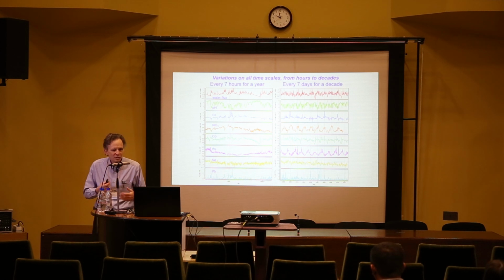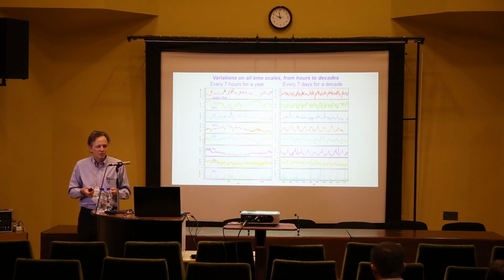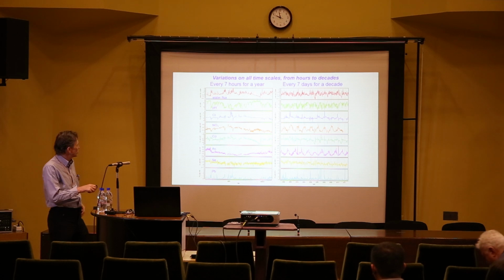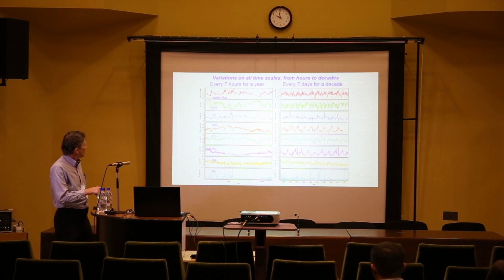Okay, but here's just a sample of what these chemical time series look like in this stream. On the left, we have samples taken every 7 hours for a year. And on the right, we have samples taken every 7 days for a decade. So all of this here, this whole thing here, compresses into about half of that bar here on this graph.